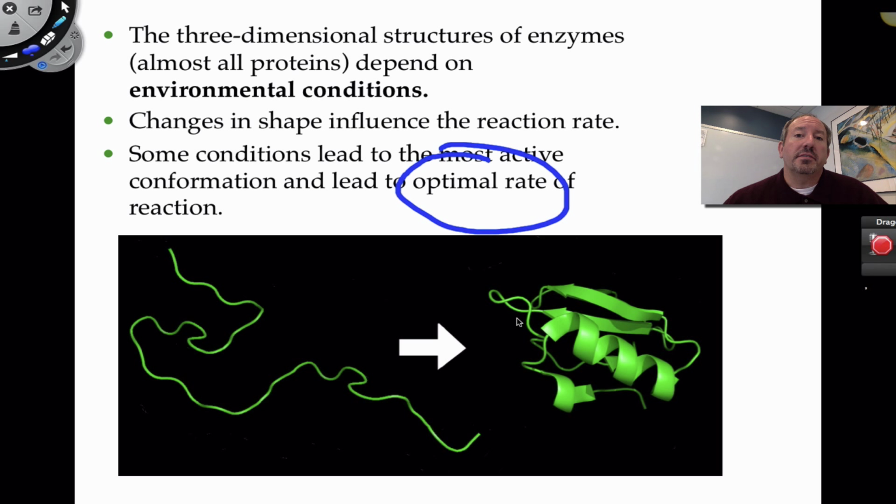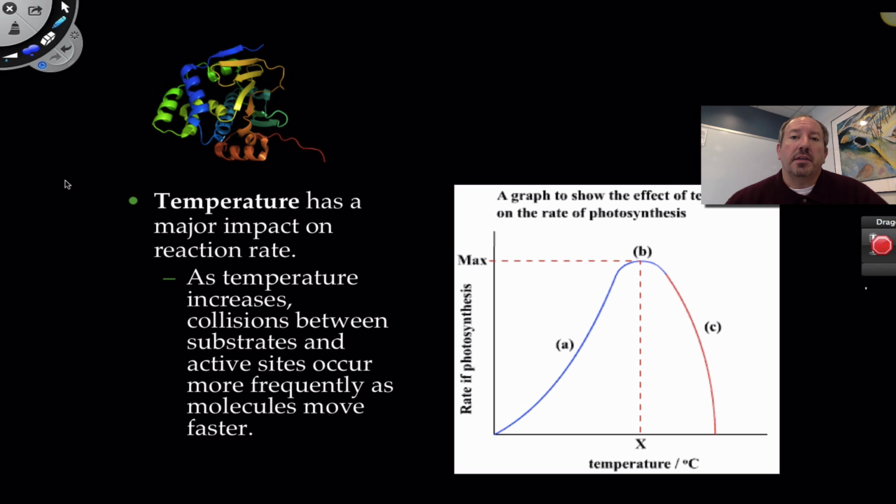And so you have different shaped enzymes. And so just like the morphology or the phenotype of an organism that is either more camouflaged or less camouflaged, the enzymes that are more optimal are going to be the more efficient ones. And so natural selection accounts for enzymes reaching their optimal rate based on shape. I find that that's pretty cool.